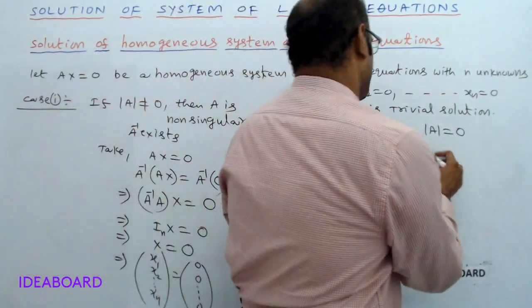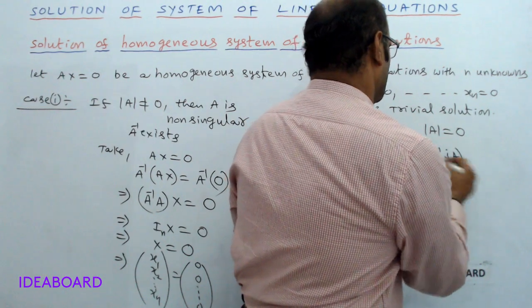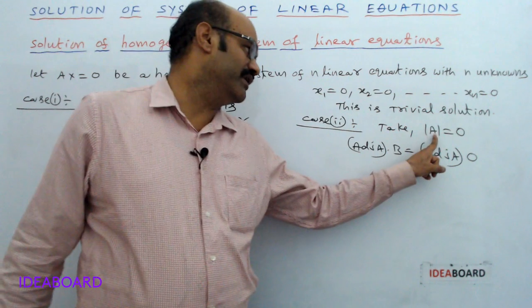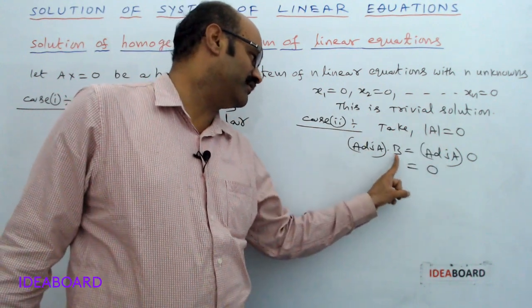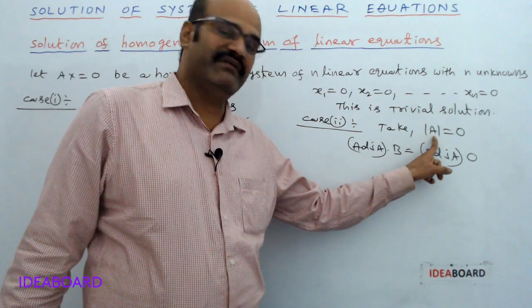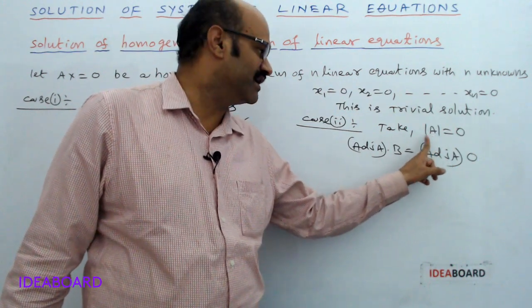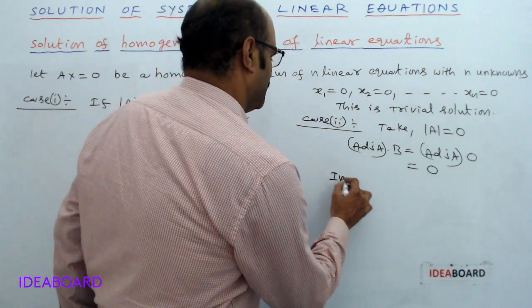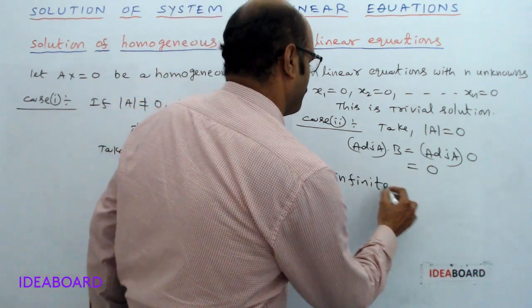So it implies adjoint of A into null matrix is always equal to null matrix. Whenever we have det A equal to 0 and adjoint of A into B equal to 0, the given system of equations will have an infinite number of solutions.